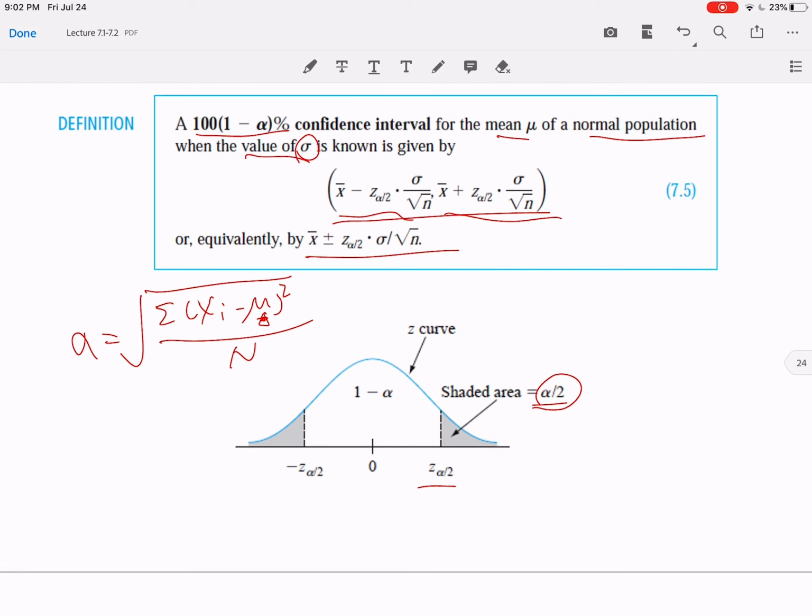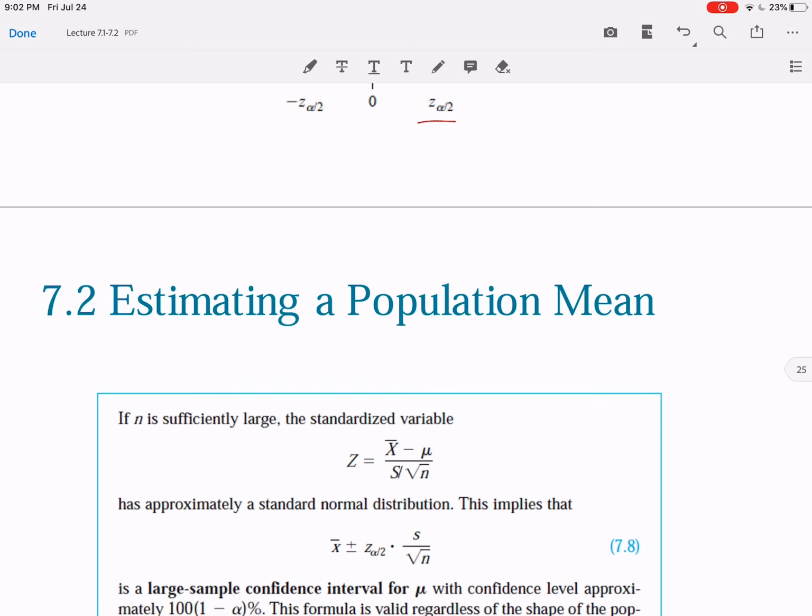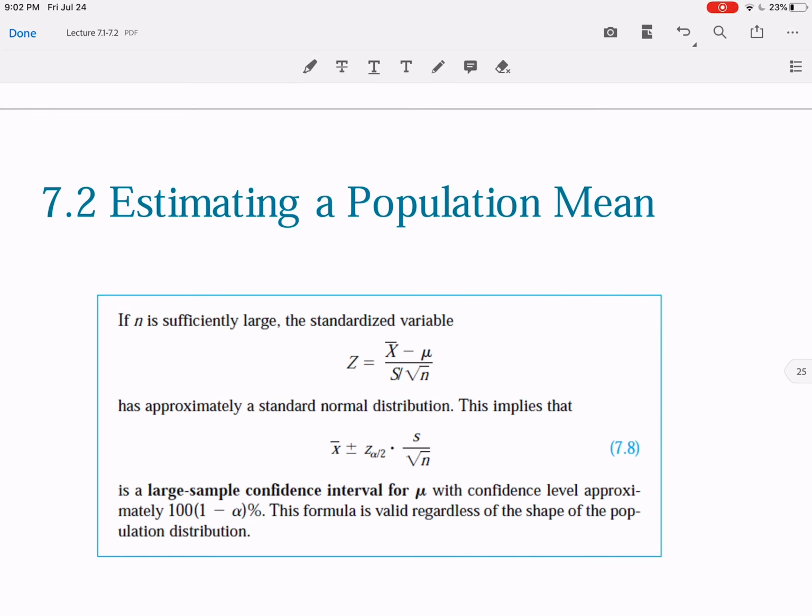We're going to talk about two different situations. Number one, if n is sufficiently large. If n is sufficiently large, we know that x bar follows a normal distribution with population mean mu and variance sigma squared over n.